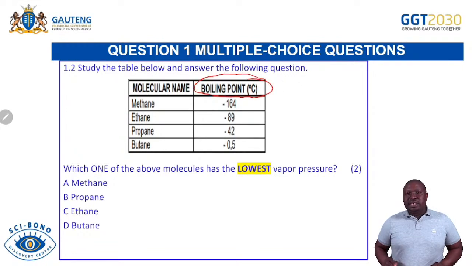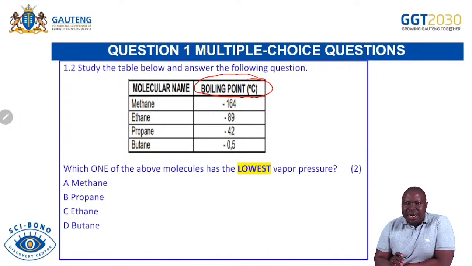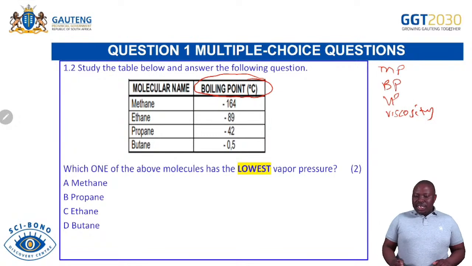Here in this experiment, we are measuring boiling point. Remember, in terms of tech science, when you deal with physical properties, you have 4 dependent variables. All the time, you will know that the melting point, the boiling point, the vapor pressure, and viscosity are your dependent variables. What is your independent?